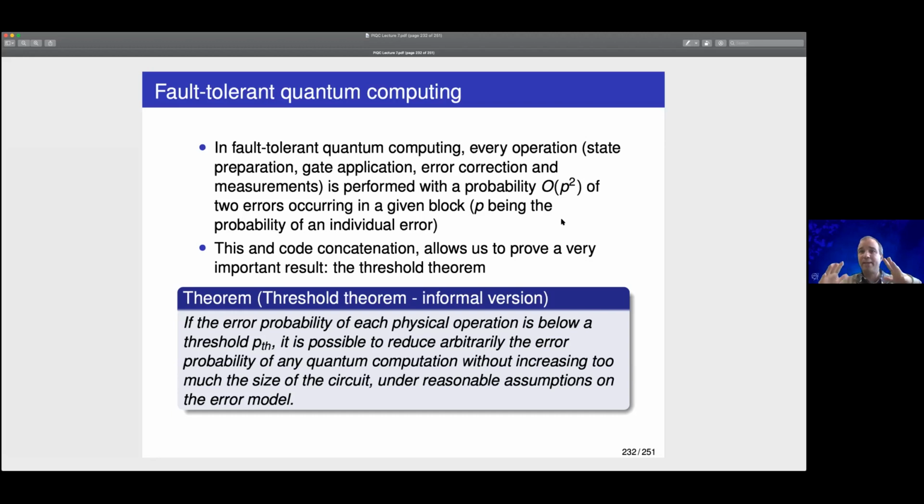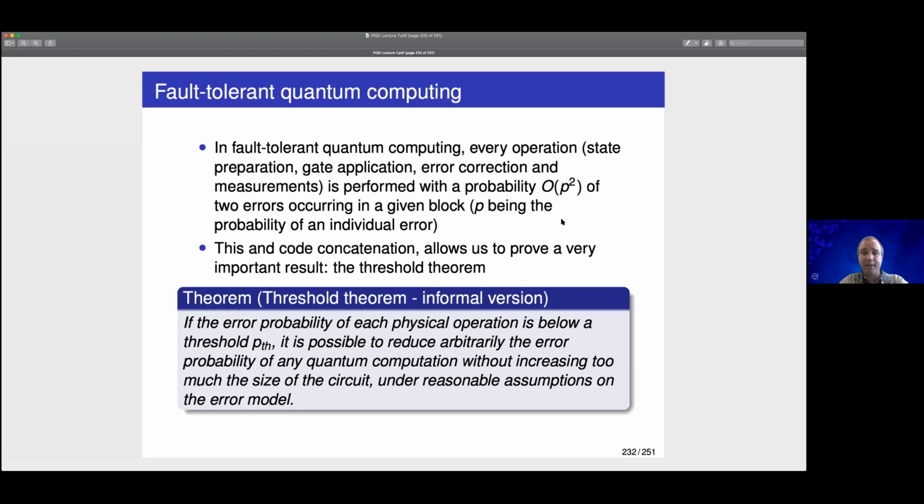Okay, so the decrease of the probability of error goes down exponentially, while the number of gates in your circuit and number of qubits that you need only grows polynomially. Okay, so this is a nice property, and this is what we call the threshold theorem.